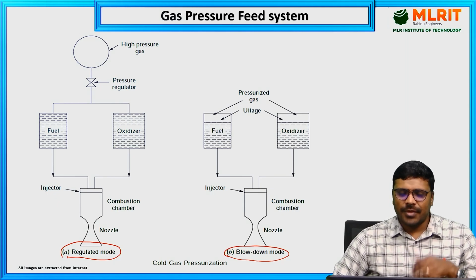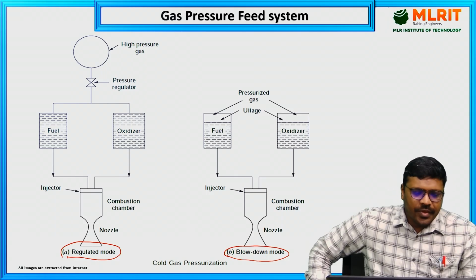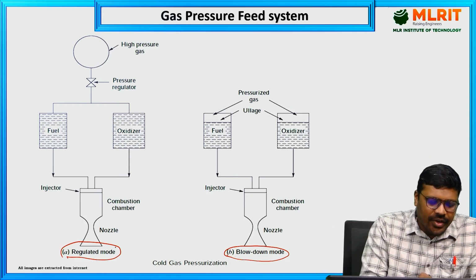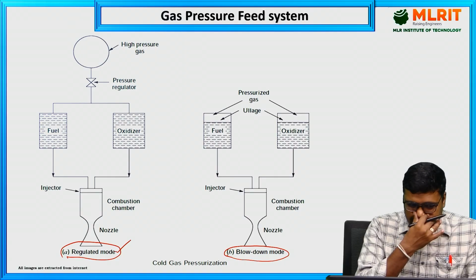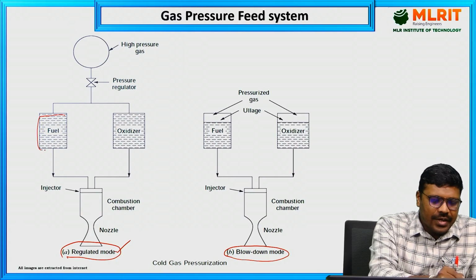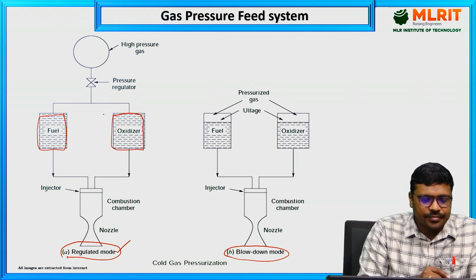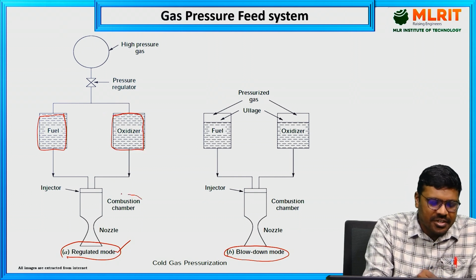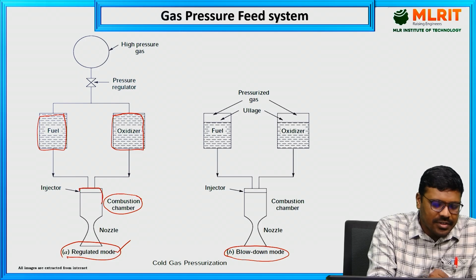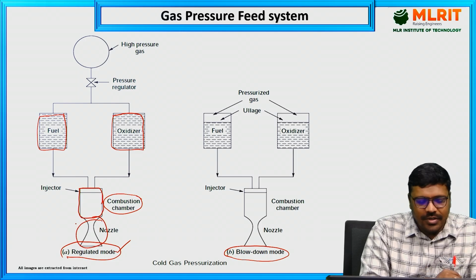These are the two methods of gas pressurization in the propellant feed system. Coming to the first one, the regulated mode. Here you can see this is the fuel tank and this is the oxidizer tank, and this is the combustion chamber. And this portion is your nozzle.